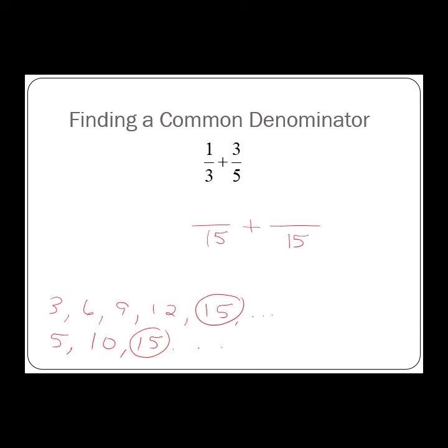And how do we make 3 into 15? We multiply by 5. So the new fraction is 5/15. How do we make 5 into 15? We multiply by 3. So the new fraction is 9/15. And altogether we get 14/15.